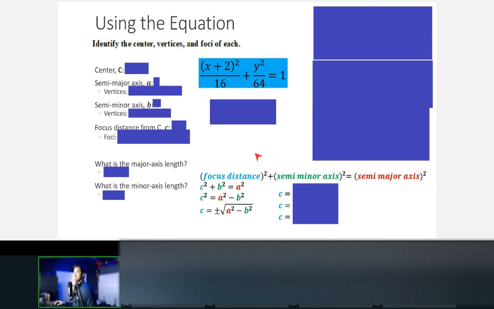And this is the same thing as a circle, right? Nothing different. Yeah, this is -2, 0. Okay. What is the A value?